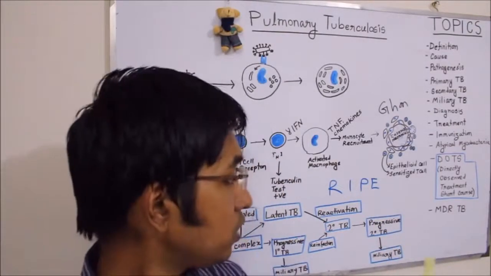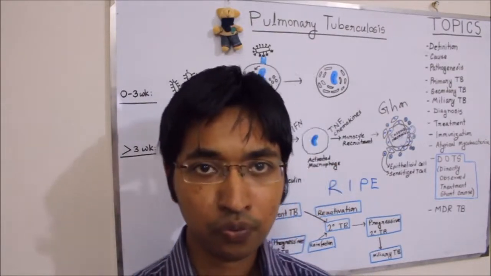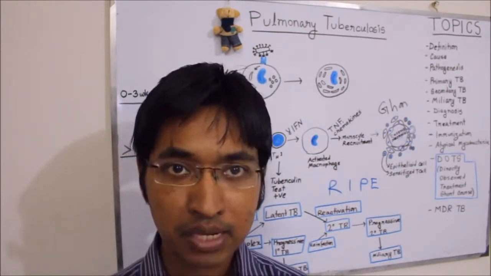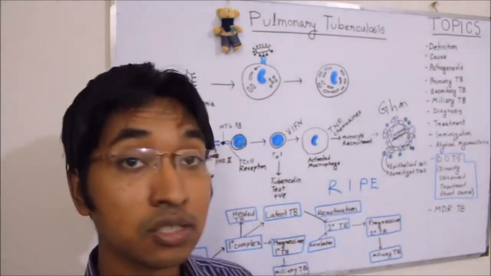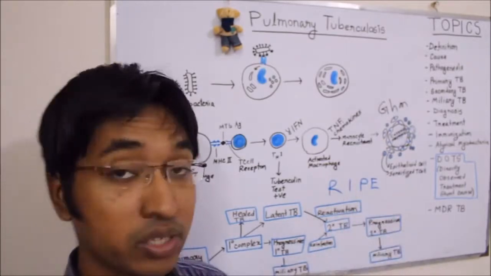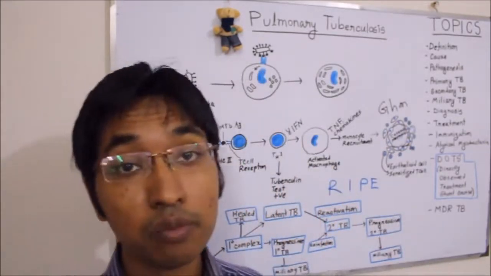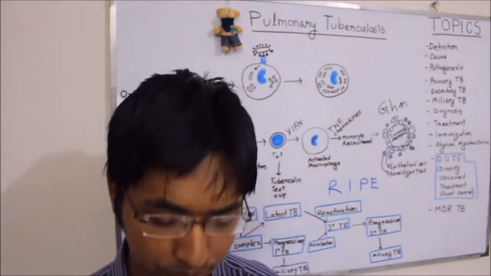So we give these drugs in combination. However, now a lot of tablets have been made that contain these drugs in combination. So you don't have to take these drugs separately nowadays. Tablets containing these drugs in different combinations are now available.